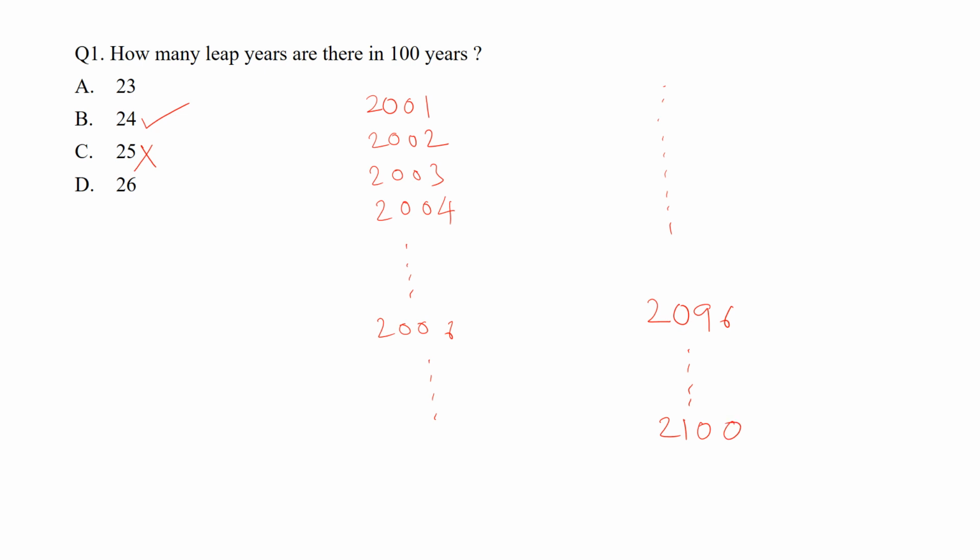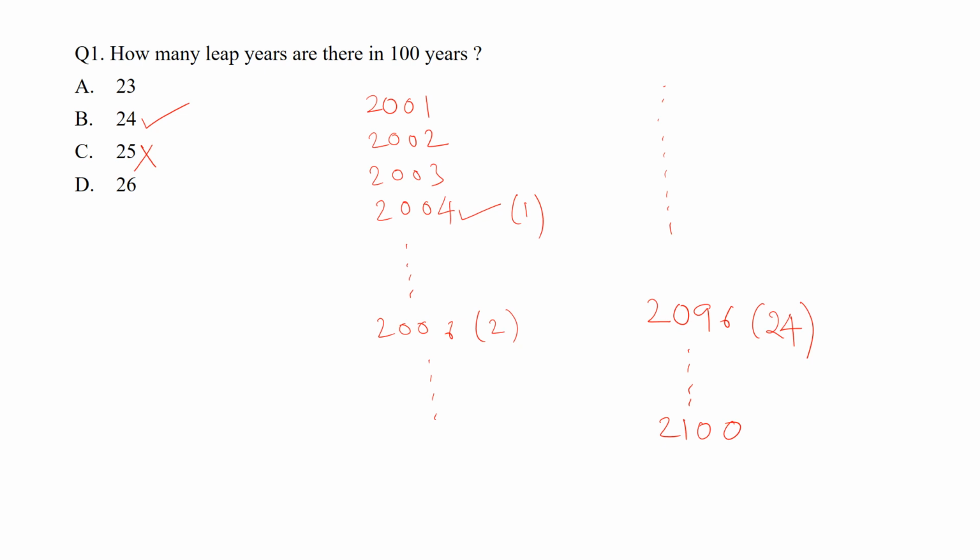Since 2004 is divisible by 4, it is a leap year. Similarly, 2008 is a leap year. If we continue counting, 2096 is also a leap year, and here our count will be 24. Whereas 2100 is a century year.